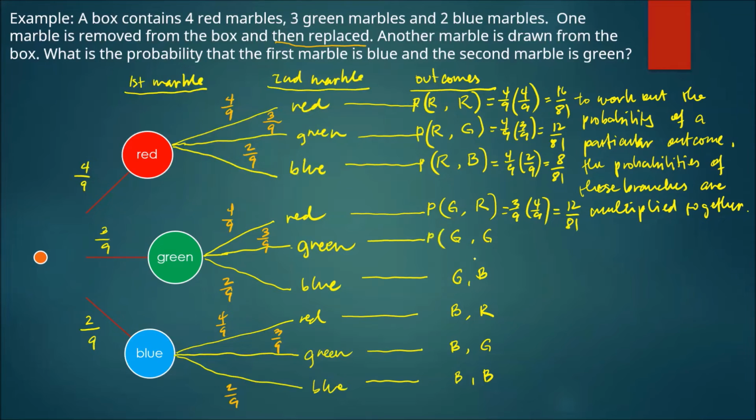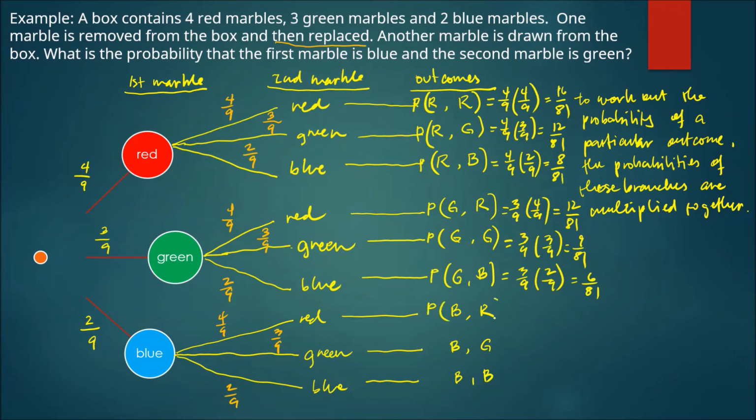And the probability that the first marble is green and the second marble is green is 3 by 9 times 3 by 9, or that would be 9 over 81. And the probability that our first marble is green and the second marble is blue would be 3 by 9 times 2 by 9, or that would be 6 by 81.